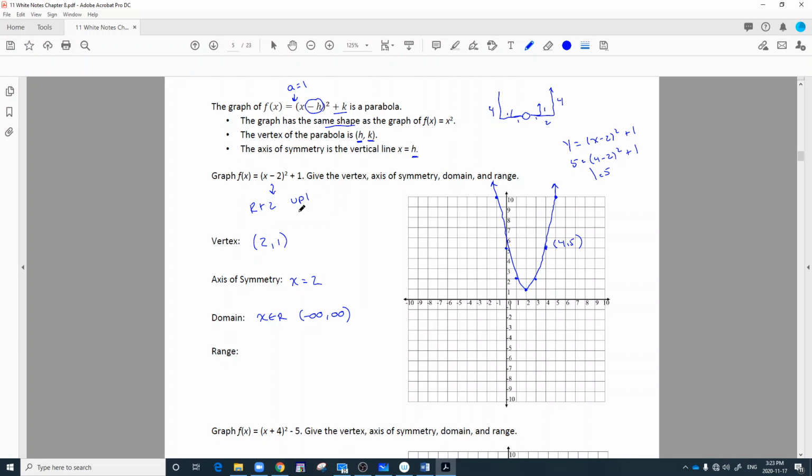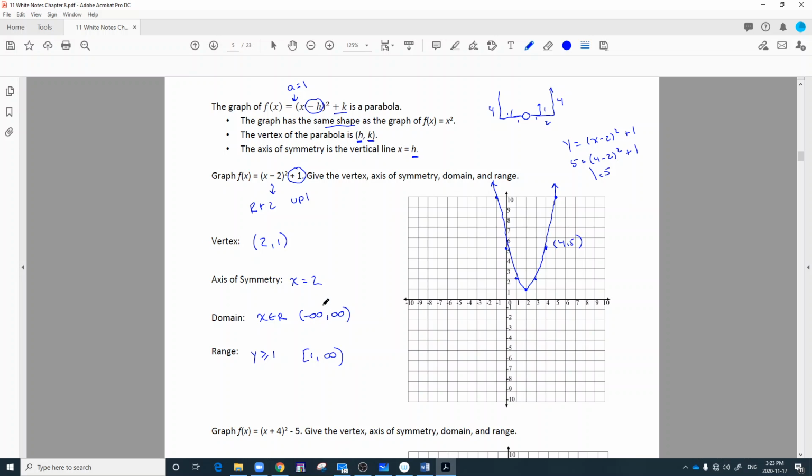So those things are going to affect what y can be. Now, the only thing that's going to affect your range is, for now, this k value. It's starting at 2, 1. So my range is going to start at 1, and y can be anything greater than or equal to 1, or square bracket 1 to infinity.